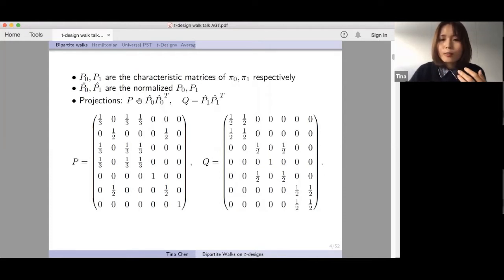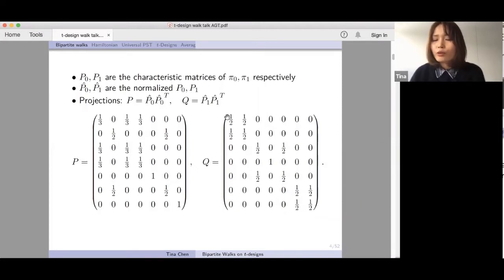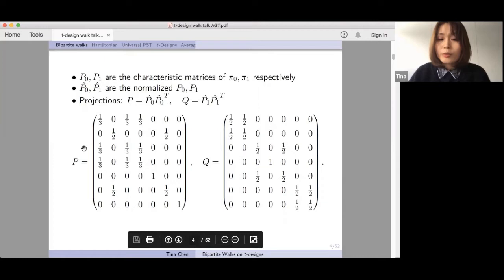Then P0 hat times P0 hat transpose will be a projection, which we call P, and P1 hat times P1 hat transpose will be another projection corresponding to the partition pi 1, which we call Q. Those two will be constant on each cell of the corresponding partitions.